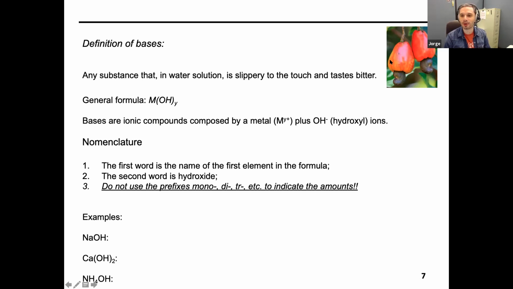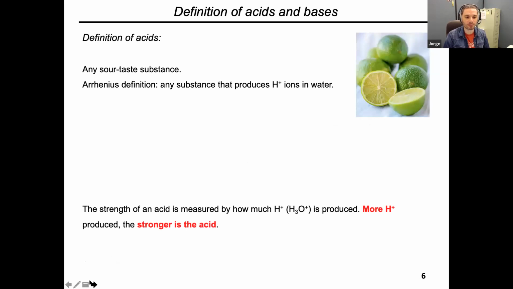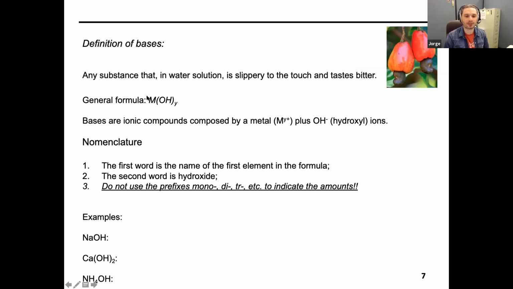Okay, so cashew, if you bite the cashew, it will have a very, very bitter taste because the major compound here is a base by definition. The general formula of a base is always a metal combined with OH.